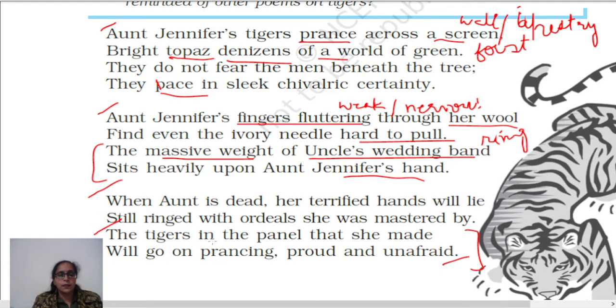So through this one more thing can be inferred, that the tigers are also symbolic of the patriarchal society, the males that are dominating females because they are in the marriage with them, and females are made to obey whatever is said by the husband, and so they are mastered by.